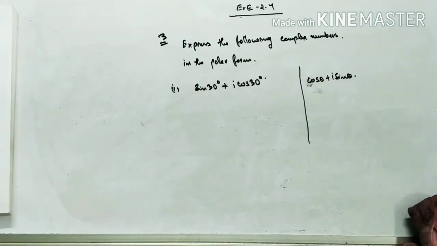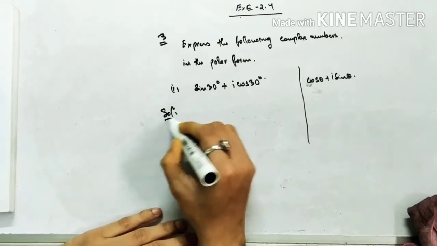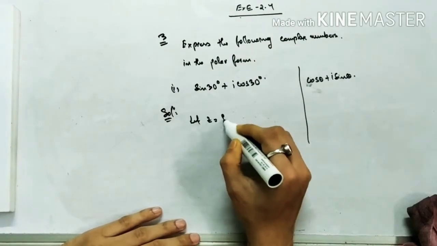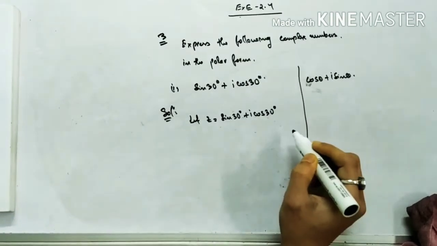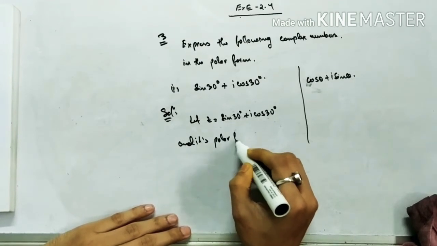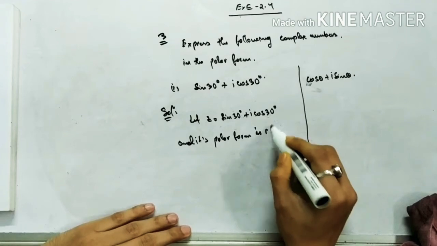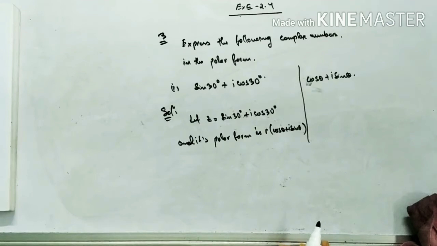So in here, solution: let z is equal to sin 30 degree plus i cos 30 degree, and its polar form is r cos theta plus i sin theta.